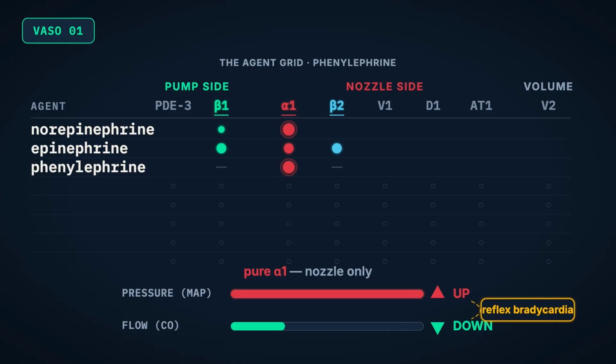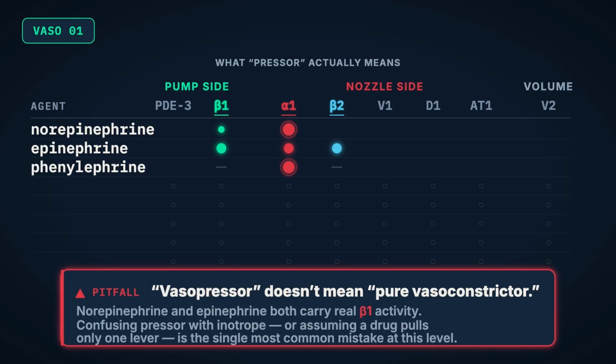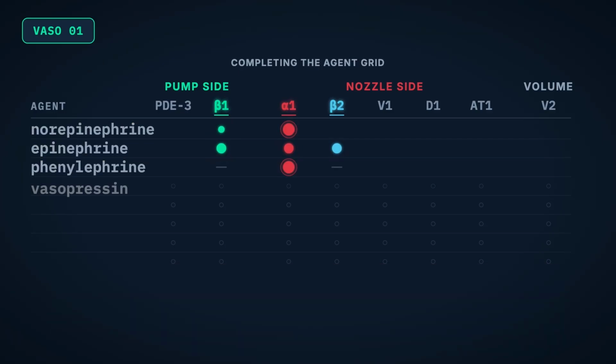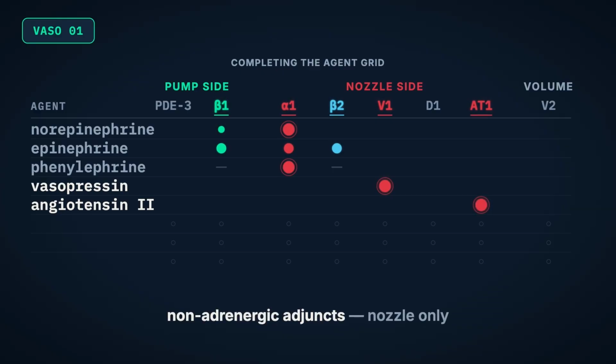Pitfall. Vasopressor doesn't mean pure vasoconstrictor. Norepinephrine and epinephrine both carry real beta-1 activity. Confusing pressor with inotrope or assuming any drug can only pull one lever is the single most common mistake at this level. Vasopressin and Angiotensin II are the non-adrenergic adjuncts, nozzle only, reserved for when the adrenergic agents alone aren't enough.